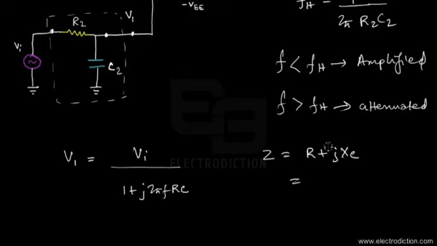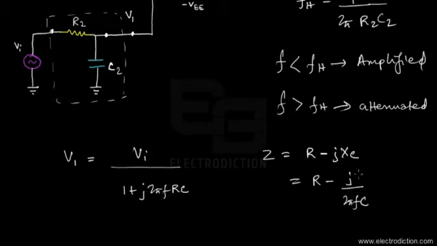If we take the impedance of this circuit, it would come to R minus jXc, not plus. So whenever we do that, we get an expression of R minus j divided by 2 pi f c, that is, j divided by omega c.